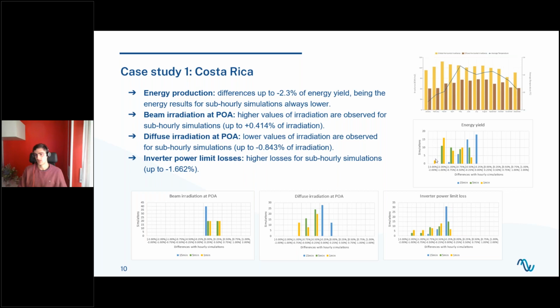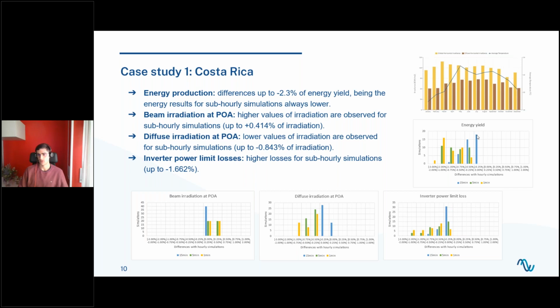And in each one of these spaces, we have the difference in energy production that we observed between hourly and sub-hourly simulations. So in this case, for example, this means that there were 2 simulations that were carried out with 1-minute meteorological data that had differences in energy production between -2 and -3%.